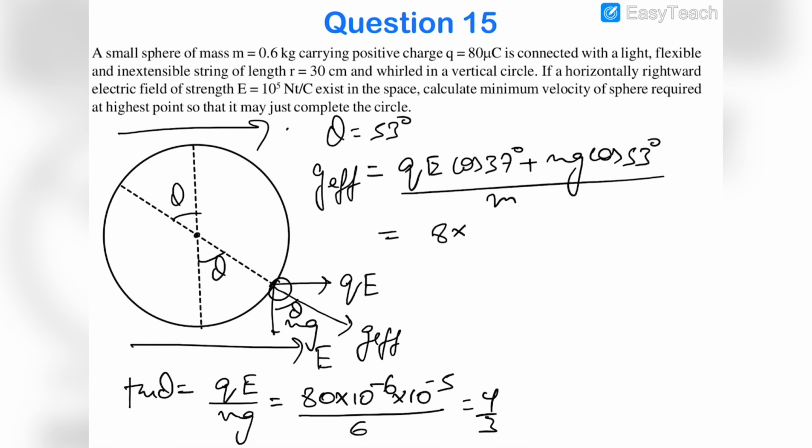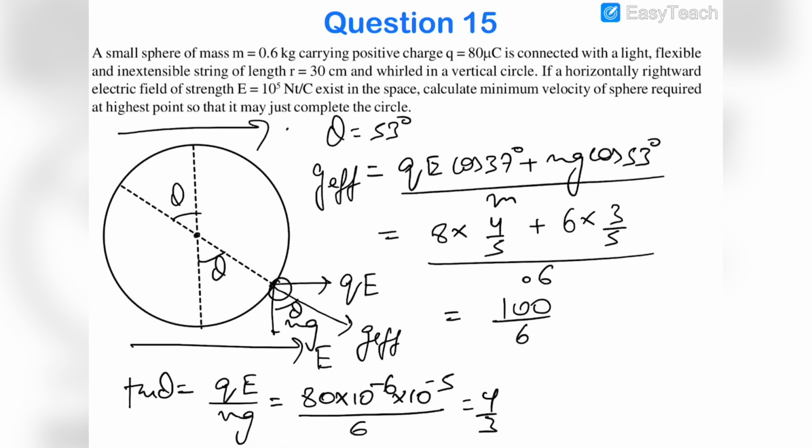So 8 into cos 37, which is 4 by 5, plus mg is 6, and cos 53 is 3 by 5, divided by m, which is 0.6. So this is 32 plus 18 by 5. So 32 plus 18 would be 50 by 5, which is 10, and this would be 100 by 6. So we can say that g effective will be 50 by 3. This is g effective.